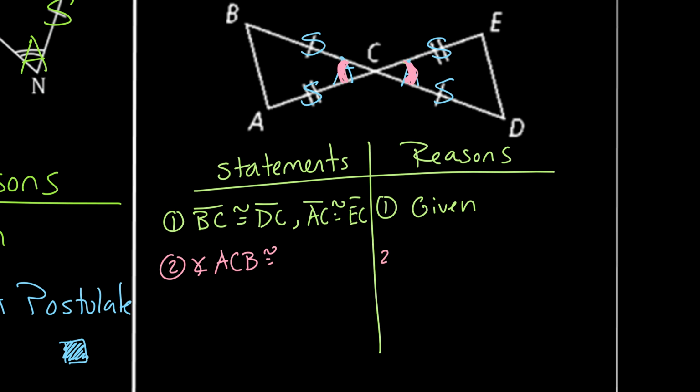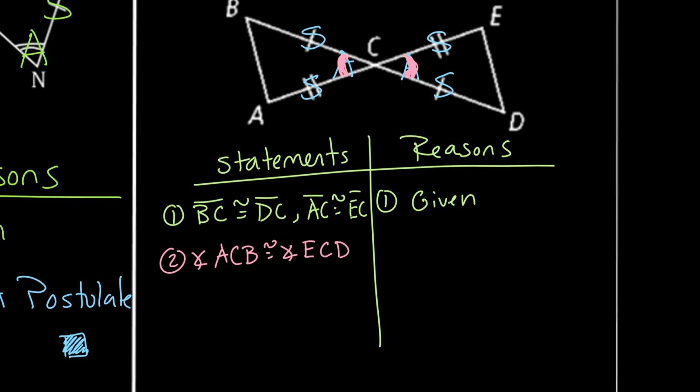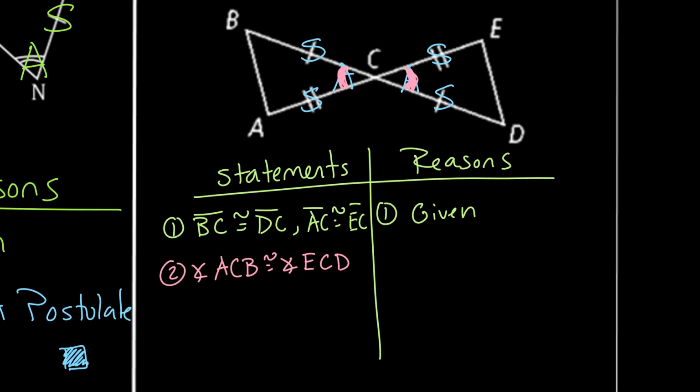It's congruent to angle ECD. What else could I have called it? DCE. Either one is correct. As long as C is in the middle and you're naming the ends of your 2 rays. And how do I know this is true?